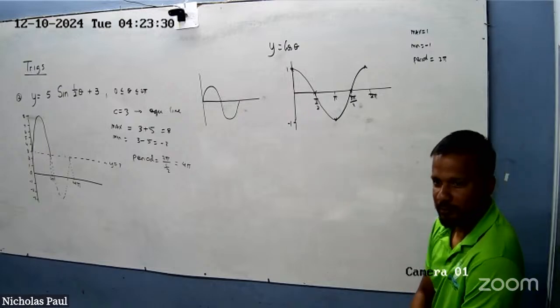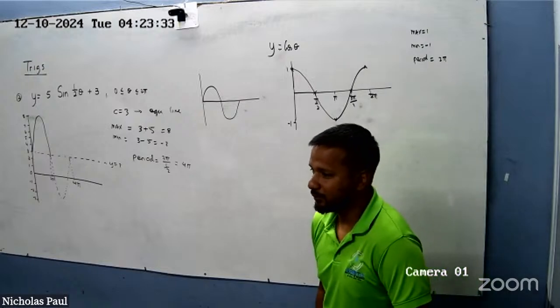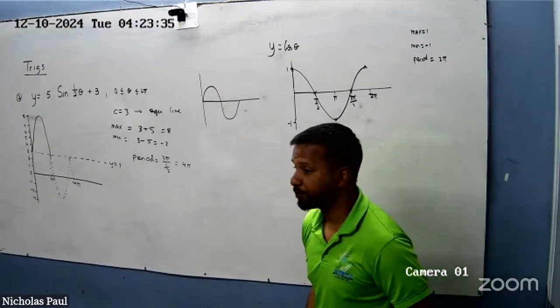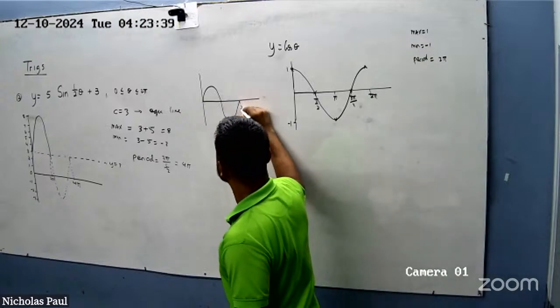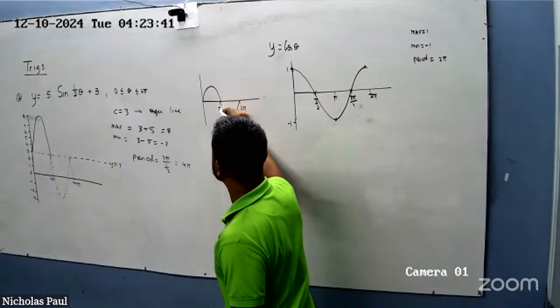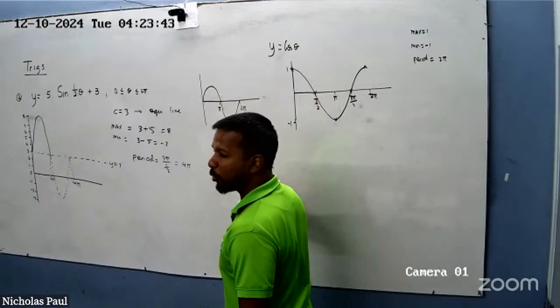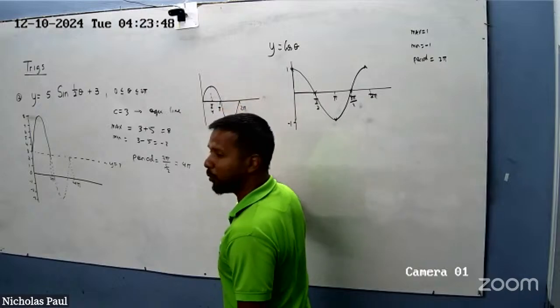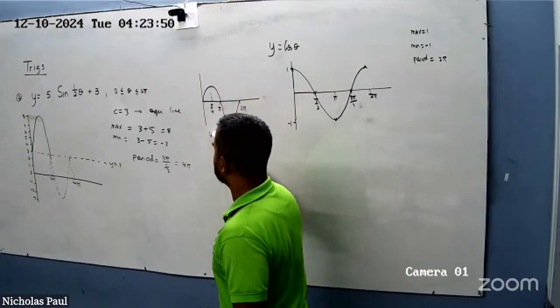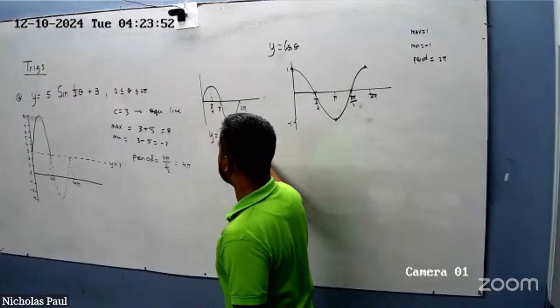So you multiply by 1, by 2, a quarter theta. So this is y equals sine theta.